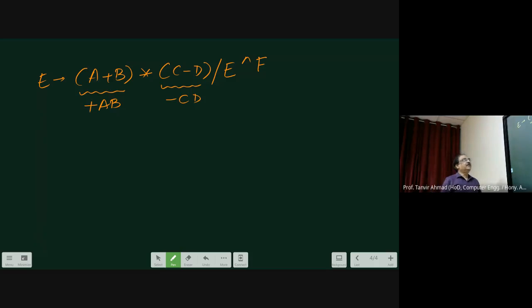Then the third time, there are multiplication, then divide, then power. Which has the higher precedence? Obviously, the power. Therefore, you do this one, and this will become this.